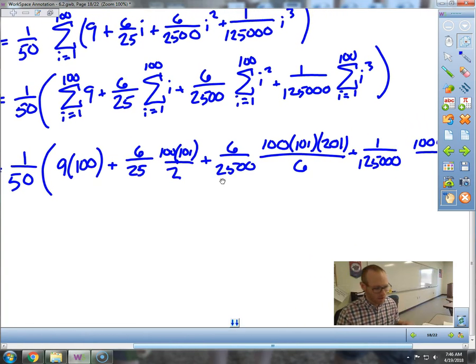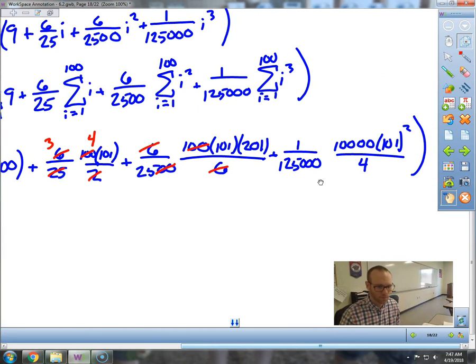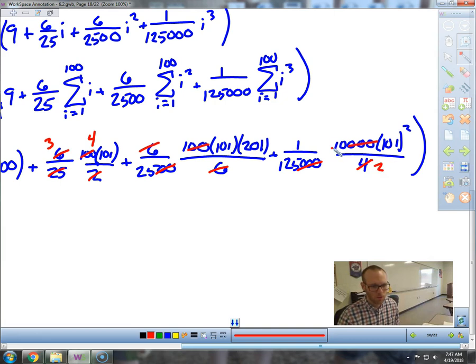Alright, I'm going to see if there's anything I can cancel out here before I really plug this in. I noticed the 25 and the 100 is going to reduce that to a 4. This 2 is going to reduce the 6 to a 3. The 6s cancel. I'm going to reduce this by a 100. I'm going to reduce this by 1,000. I'm going to reduce the 4 and the 10 and the 4 to a 2 and a 5.